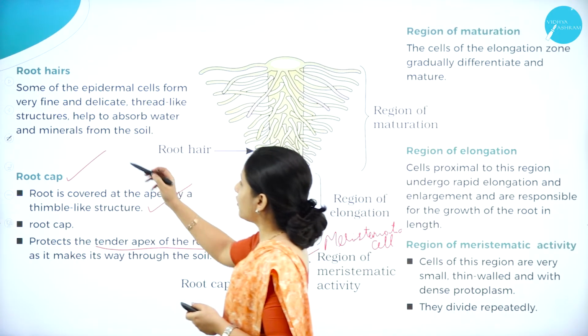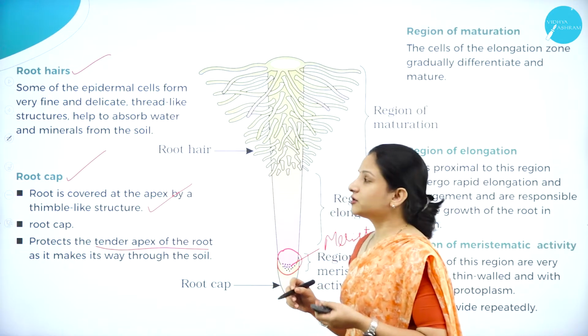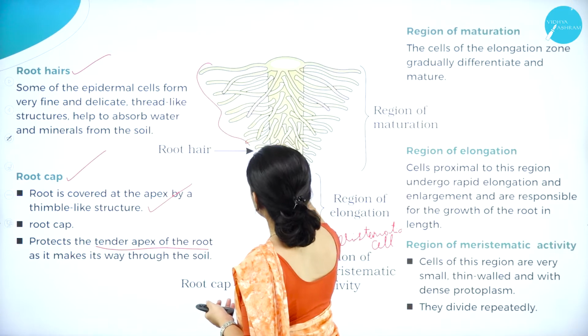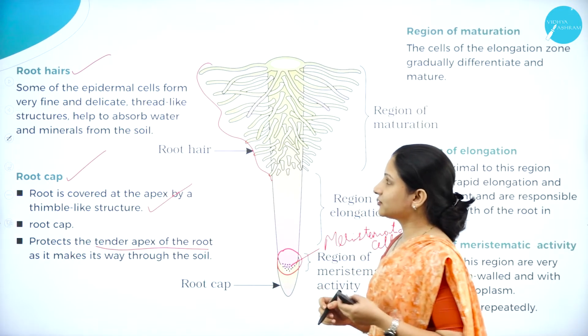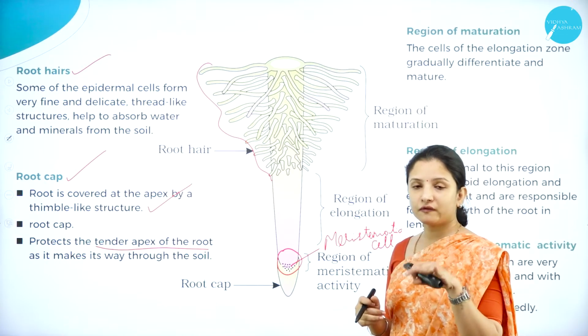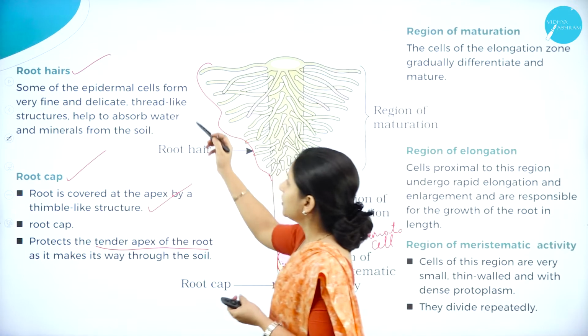Next, moving on to the root hairs. These are the root hairs that are present. All these are the root hairs. These root hairs arise from the epidermal cells. Some of the epidermal cells undergo division in order to form the root hairs.